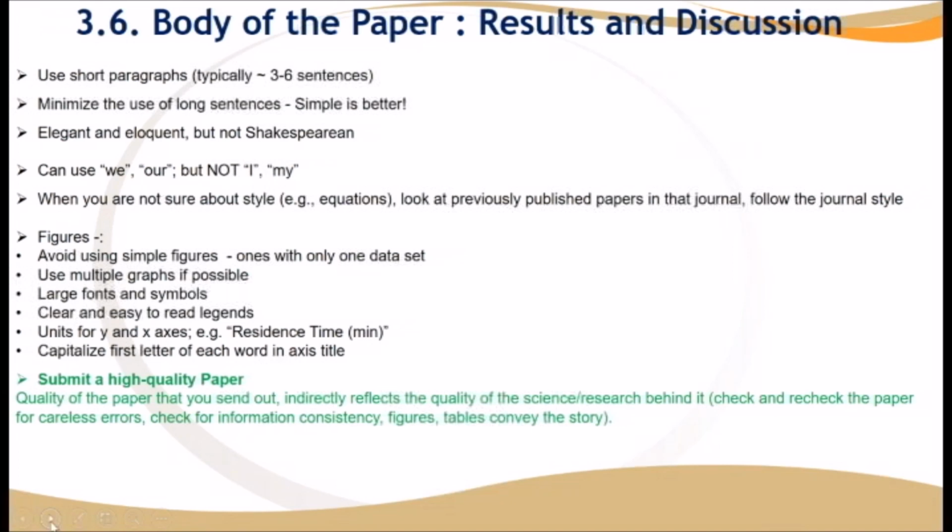When you click on the guide for authors tab, it shows you the style of that particular journal. So going to that style and also looking at the previously published papers in that journal would give you guidance on how to put your equations, your figures, and your tables. Follow what others who have published in that particular journal have followed.